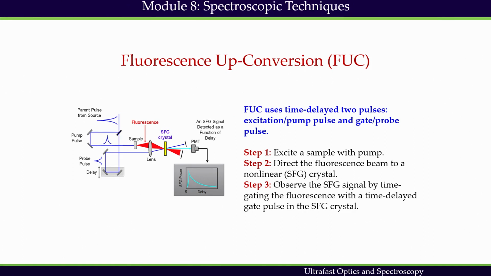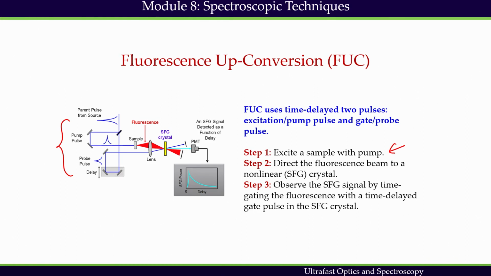The fluorescence up conversion technique uses two time delayed pulses, which we have already seen. One is called the excitation pulse, another one is called the gate pulse or probe pulse. First, we have to excite the sample to the electronically excited state. As a result, the sample will provide incoherent fluorescence.